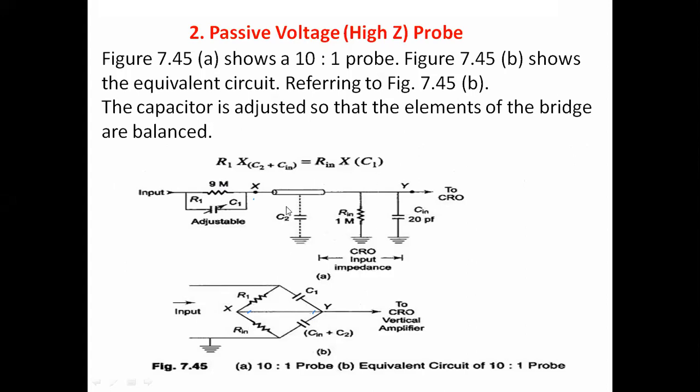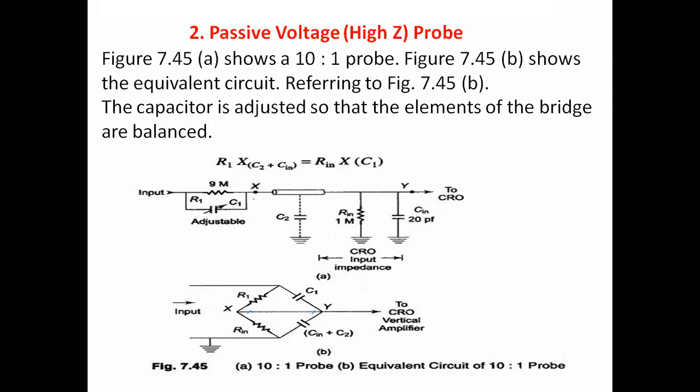By connecting them this way and adjusting the adjustable capacitor C1, we can get a low net capacitance and a high resistance value. A high resistance leads to high input impedance.